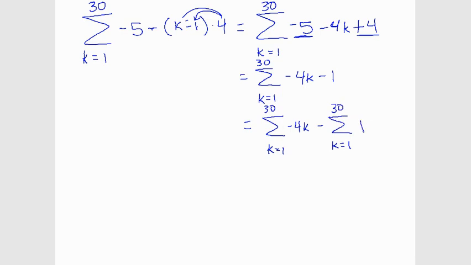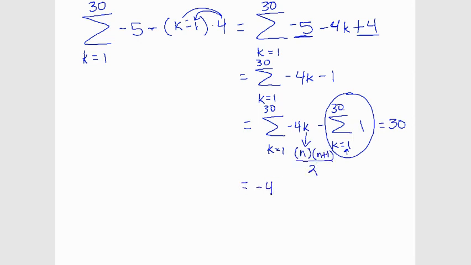Now, remember we have that rule that when all you have is a constant, it's the constant times the upper term. And again, given that we start at 1, which we do, this is just equal to 30 times 1, which is 30. Now for this one, we have the formula that this will be n times n plus 1 divided by 2. So let's write that out.